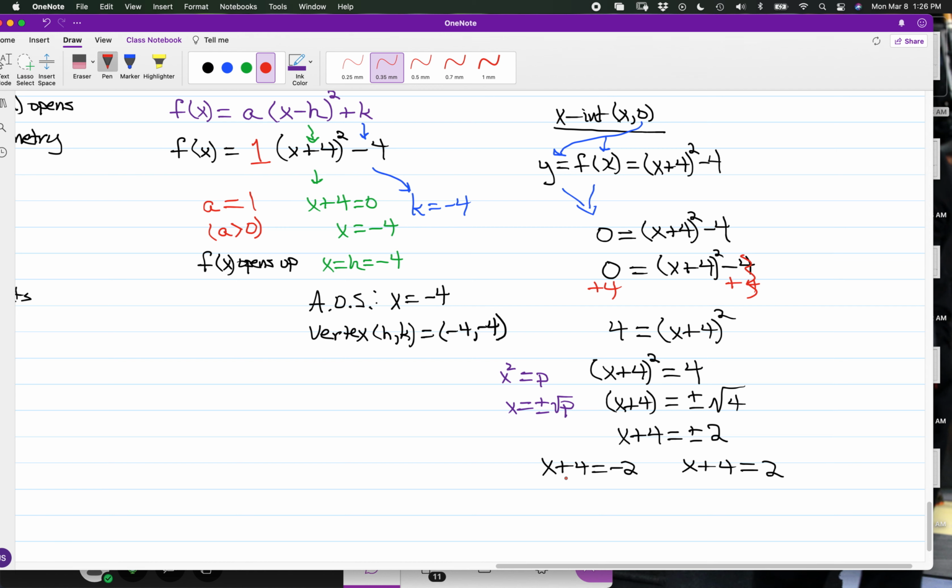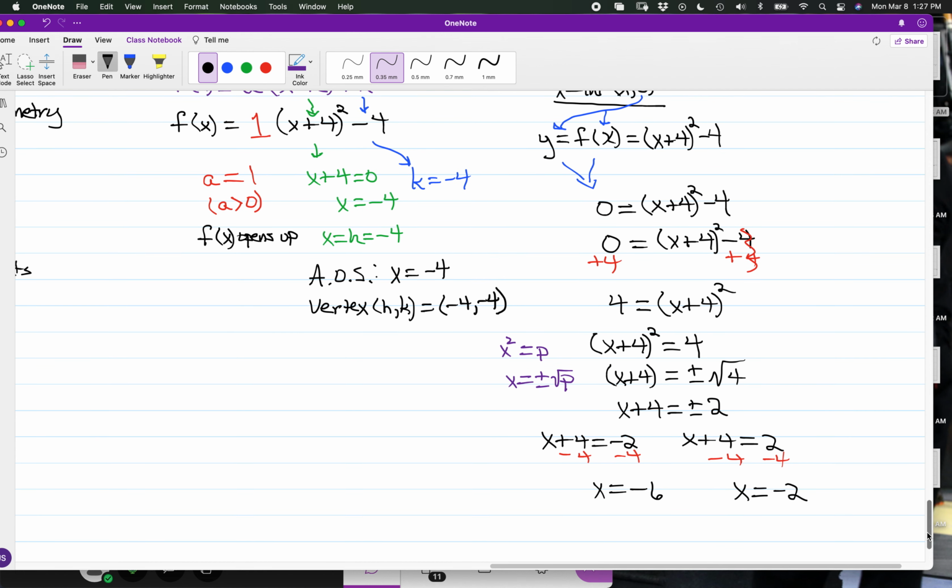And if I isolate x, so we take 4 away from both sides in both equations. So if x plus 4 is equal to negative 2, and I take away 4, it's going to follow that x is equal to negative 6. And for x plus 4 is equal to 2, taking away 4 again from both sides, we have that x is equal to negative 2.